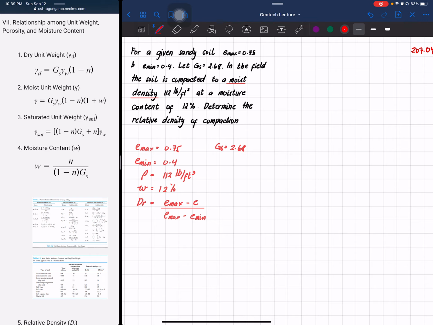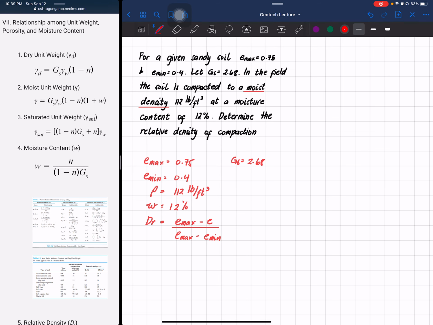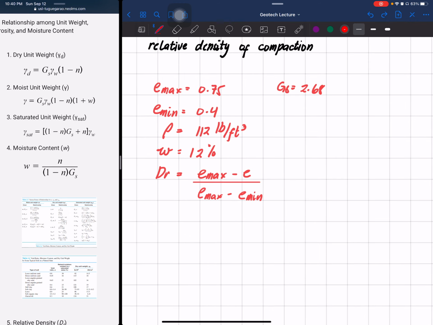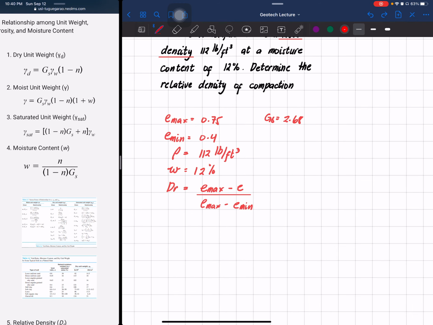Okay. So, dati ko na sinulat yung formula dito. Dr is equal to, or the relative density is equal to Emax minus E all over Emax minus Emin. Okay. So, ano ang nawawala sa atin? Okay, sa given, hindi na ibigay yung void ratio, yung initial void ratio. Okay. So, how are we going to do that or get that? We just need to use itong given. Okay, binigyan tayo ng rho moist and ng water content.